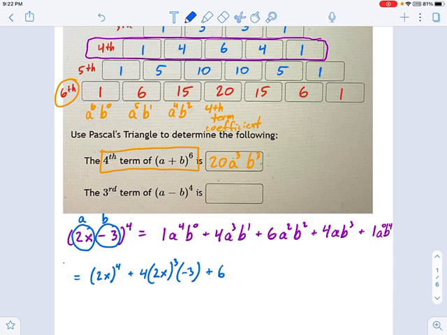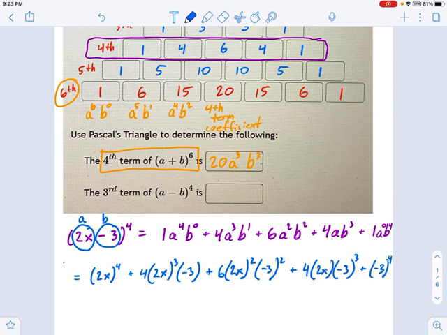And then you have 6 times not a^2, but (2x)^2. And negative 3 is b, and we're going to square that one. And then 4 times 2x, and then times (-3)^3. And then our last thing right here at the very end is (-3)^4.